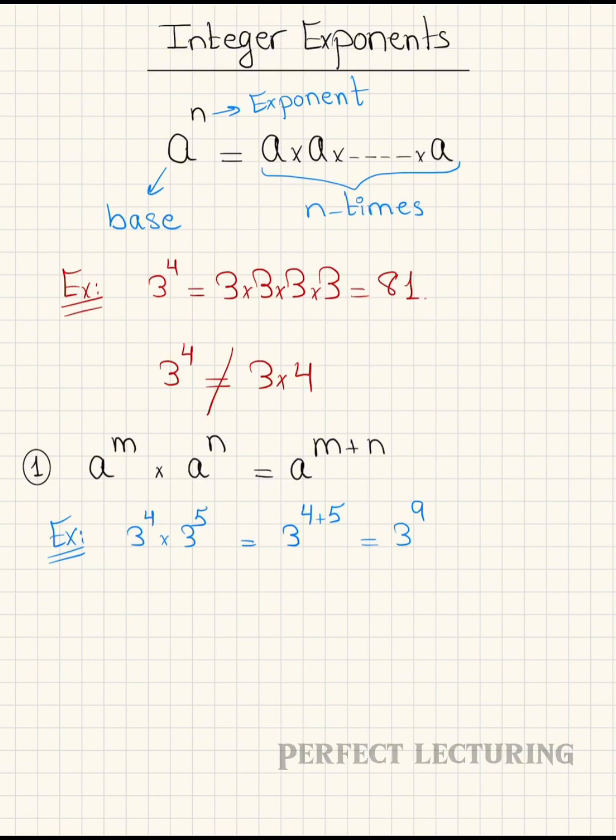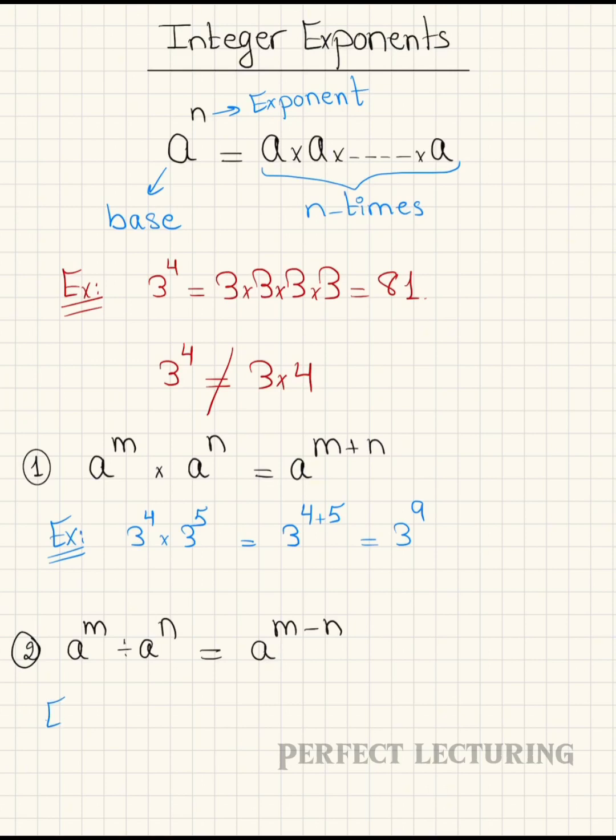Second, if I'm dividing two numbers with the same base, then this is equal to a to the power of m minus n. So dividing two powers having the same base means that I have to subtract the exponents.